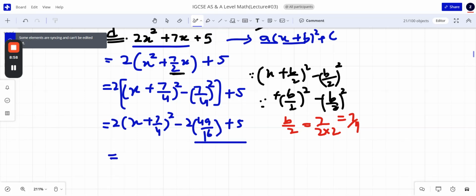We will keep the first two terms the same, x plus 7 by 4 whole square, then minus, now 2 and 16 will cancel out, so it would be 49 over 8, then plus 5.